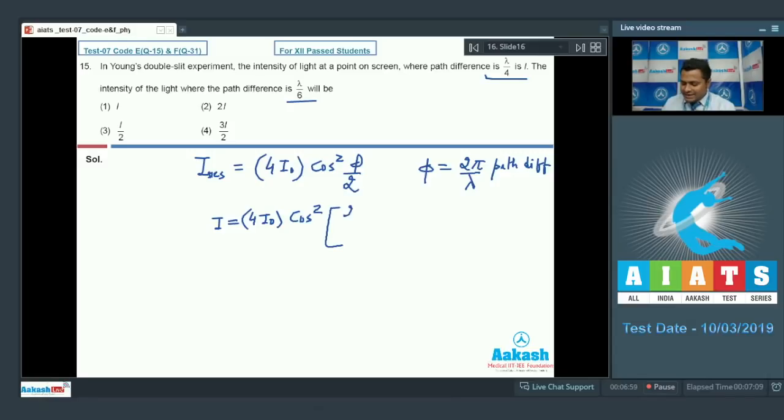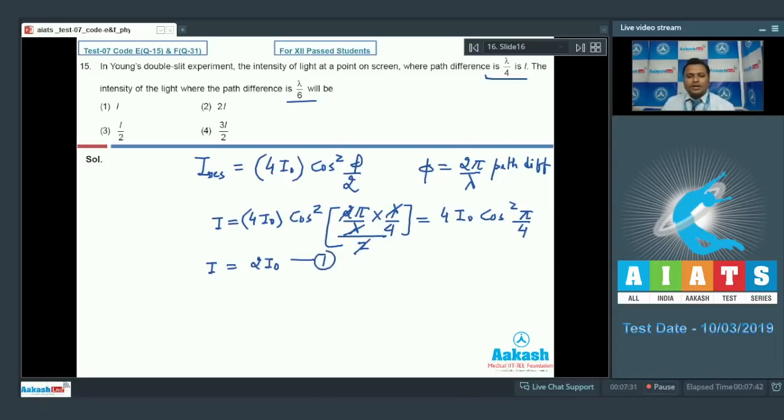So we can write phi as 2 pi by lambda multiplied by the path difference lambda by 4, whole divided by 2. After solving, we'll get 4 I naught cos squared, lambda cancels out, 2 cancels out, pi by 4, and after solving we get I equals 4 into I naught into 1 by 2, that is 2 I naught.